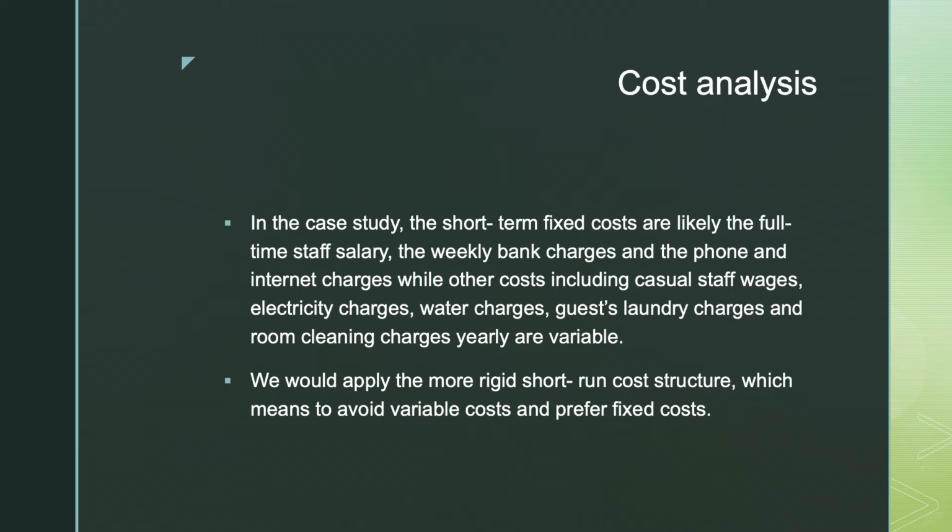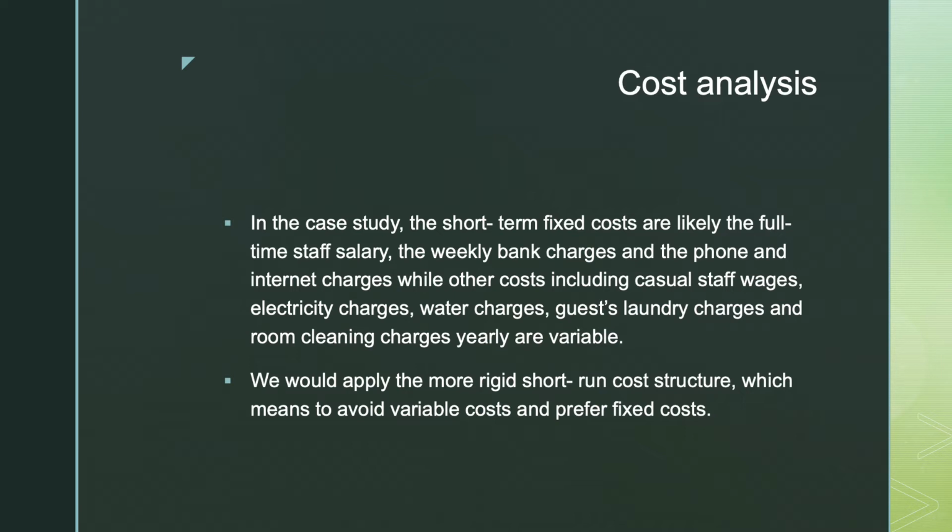Now we're moving to cost analysis. In the case study, the short-term fixed costs are likely the full-time staff salary, the weekly bank charge, and the phone and internet charge, while other costs including casual staff wages, electricity charge, water charge, gas, laundry charge, and room cleaning charge are usually variable.